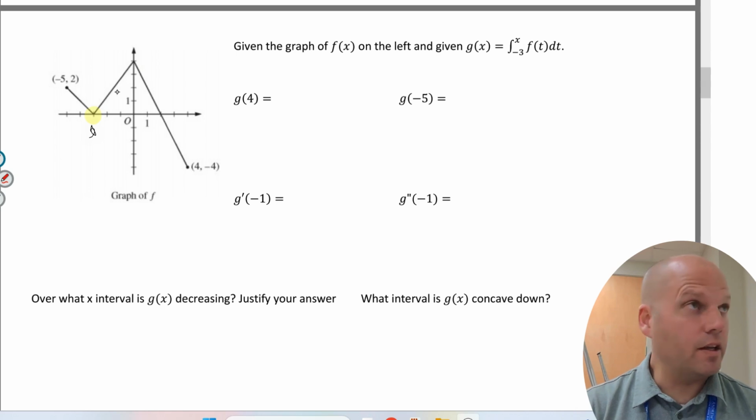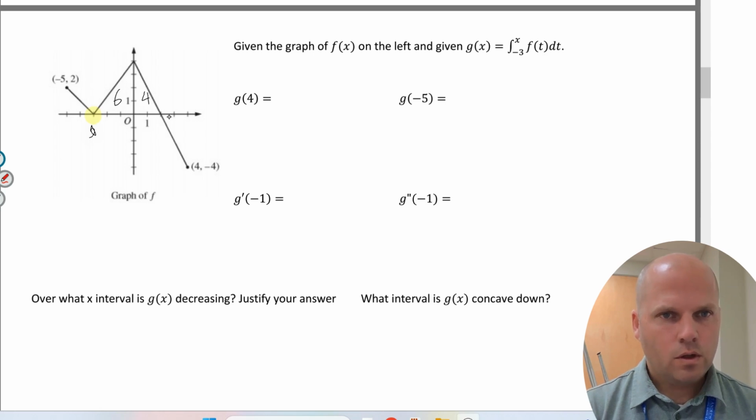This is going to be an area of 6. 1, 2, 3, 1, 2, 3, 4. So this is 12 divided by 2. This is 2, 4, so this is 4. This is 2, negative 4, so this is negative 4.